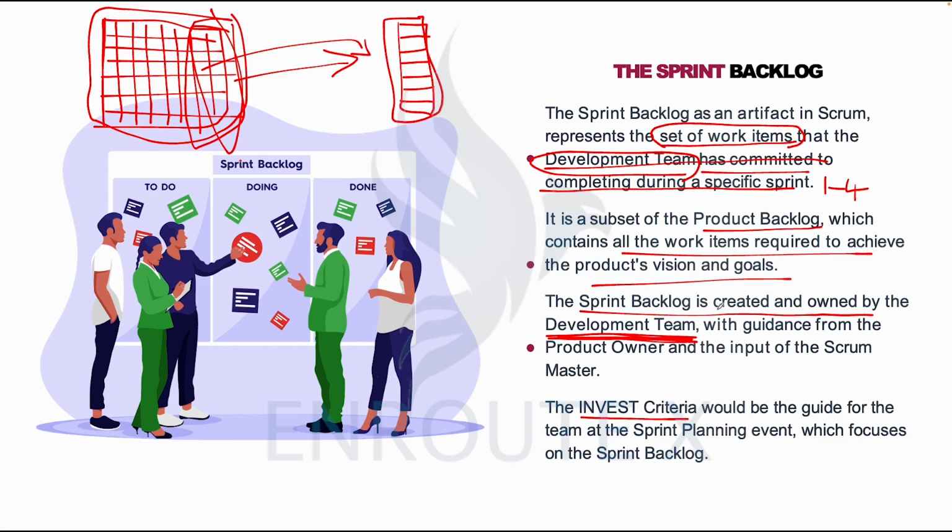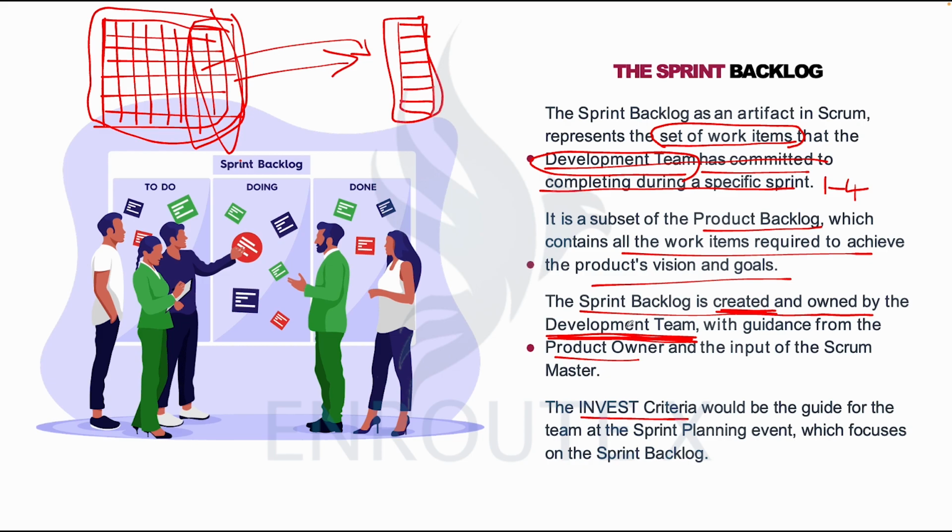Of course, we know from the sprint planning that this creation is done by the entire team coming together, led by the product owner, because he is the one telling them what is next in priority, what the stakeholders want to be delivered soonest.